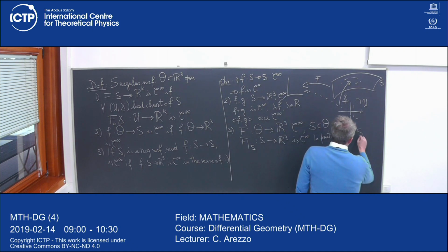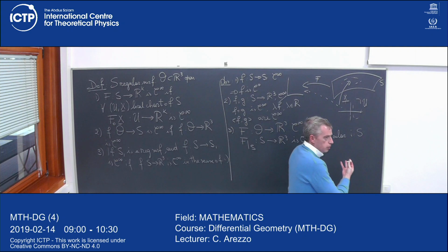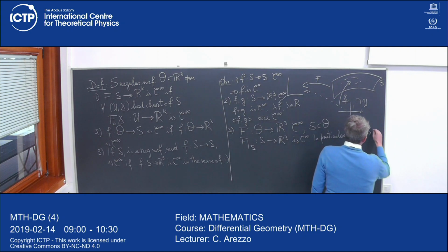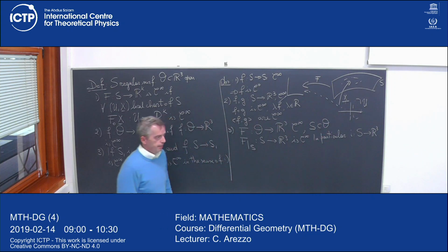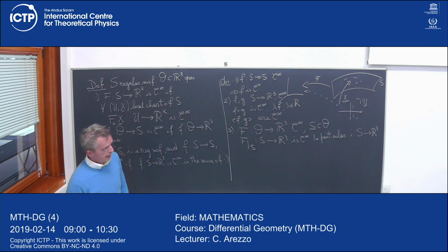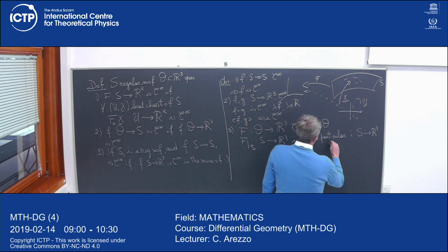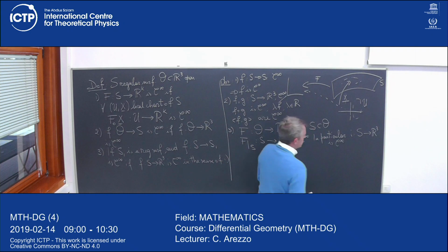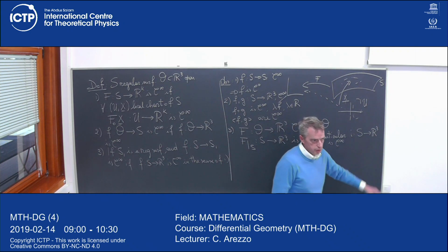If I take S as a subset of R3, I can think of the identity map, which I call the inclusion, from S to R3, which just takes a point and gives me the same point. But now I'm looking at it as a map defined over S. So this is smooth. Why do I say in particular? Because this is the restriction of the identity from R3 to R3, which is of course a smooth map.